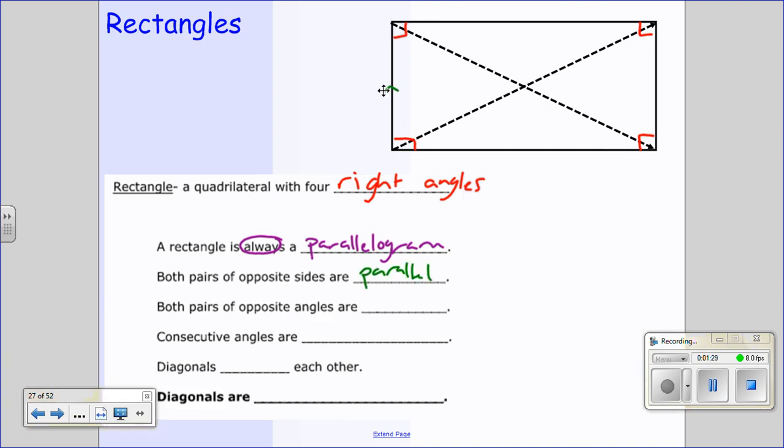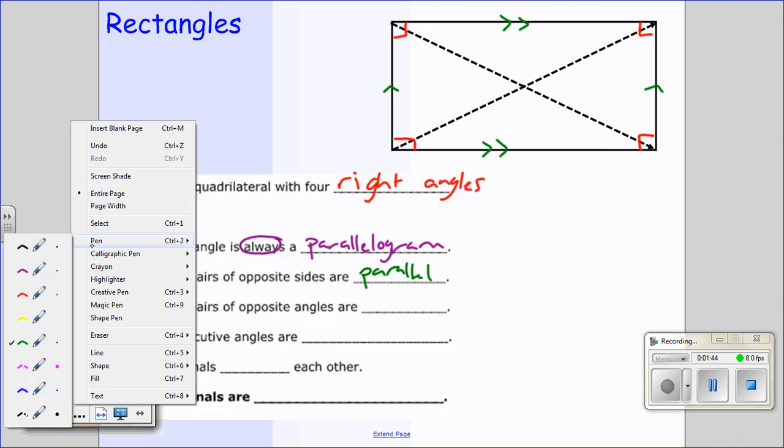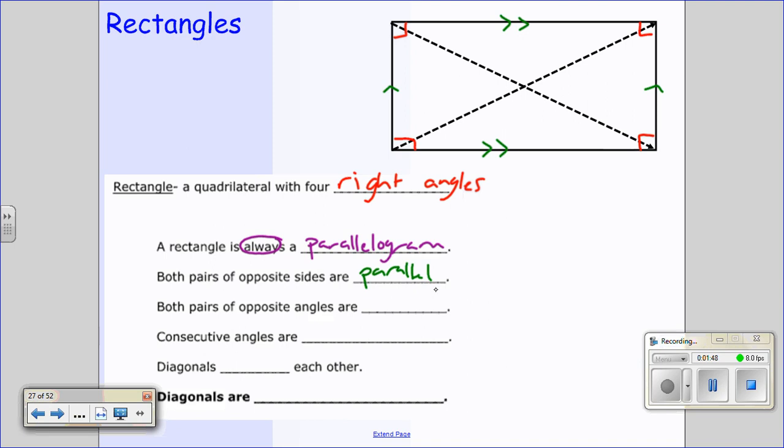So the 2 short sides are parallel, the 2 long sides are parallel. Also, both pairs of opposite angles are congruent.